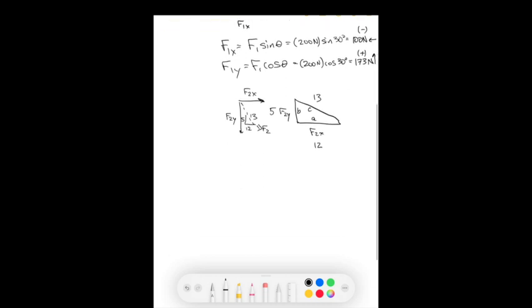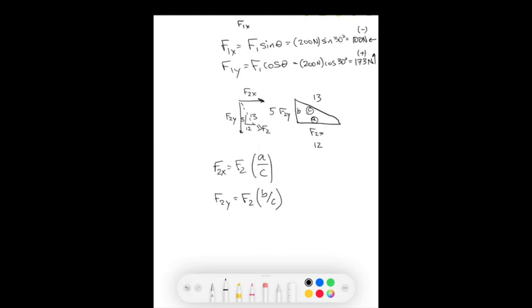So I'm going to use my equations this time that F2x is equal to F2 times the ratio of A over C, and that F2y is equal to F2 times the ratio of B over C.